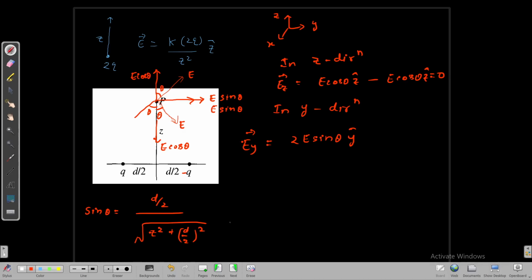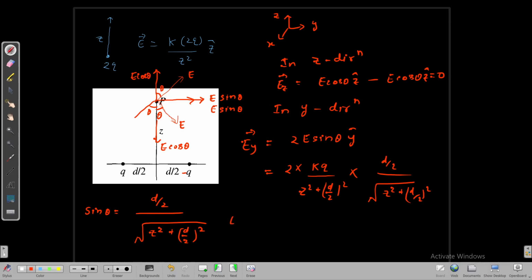So twice E, and E is the same in magnitude, kq over z square plus d by 2 the whole square, multiplied by sin theta, which is d by 2 over the square root of z square plus d by 2 the whole square.